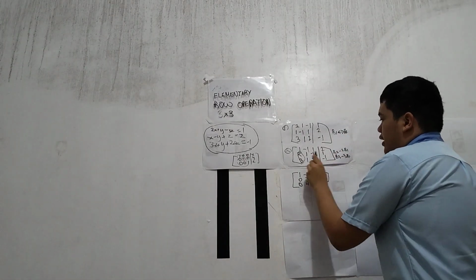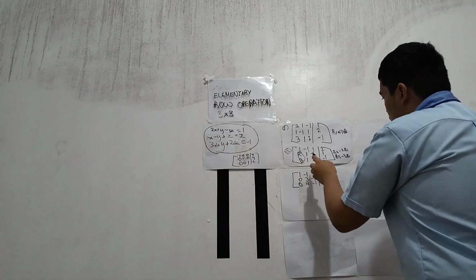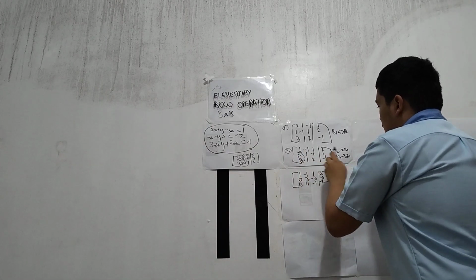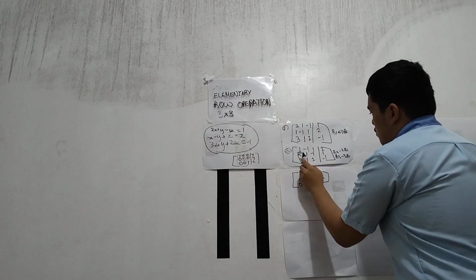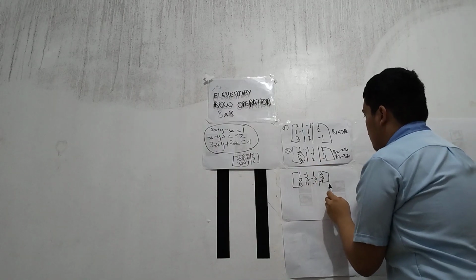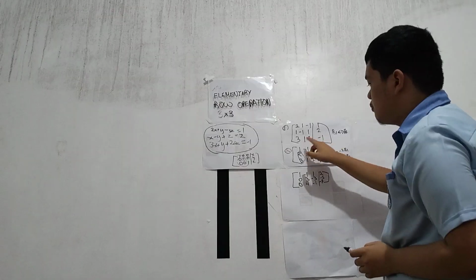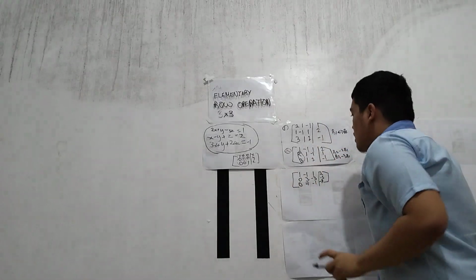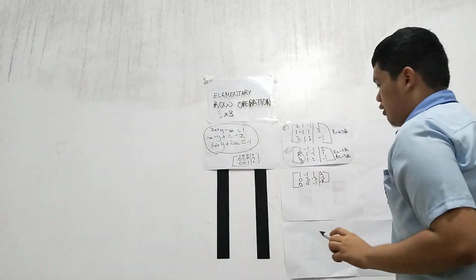Now we already zero that, and 1 minus negative 2, because 2 times negative 1 is negative 2. 1 minus negative 2 is 3, because a negative with the same sign of negative is positive if we multiply.